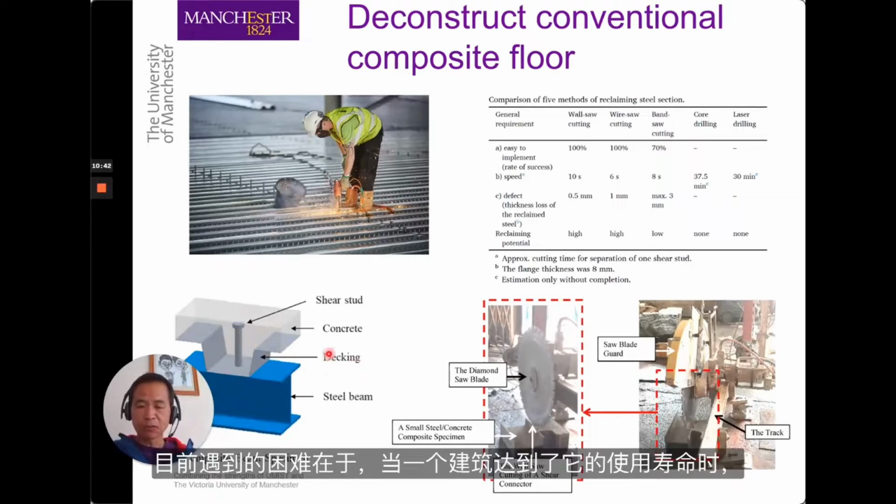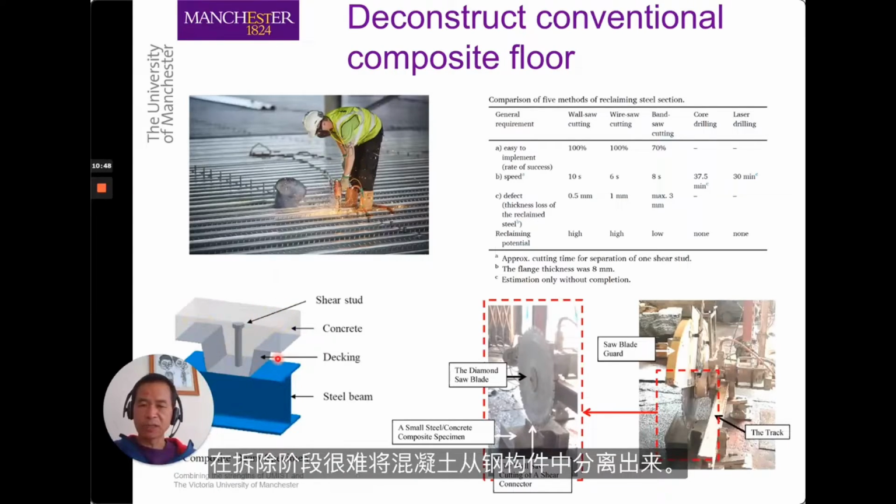The difficulty, of course, is that when this construction reaches the end of its service life, it's very difficult to separate the concrete from the steel section. In our research, we have tried a number of ways of separating them. What we found is to use so-called wall saw cutting.